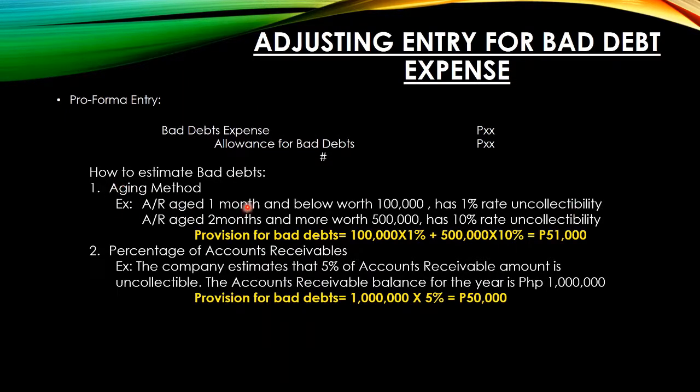Unlike the aging method, there were a lot of receivables na sila age group and sometimes there were also problems wherein kamoy mag-grupo sa iyang mga accounts receivable, which is quite long ang process.